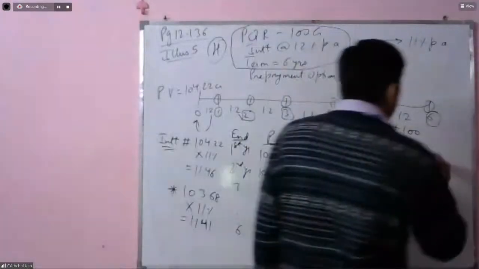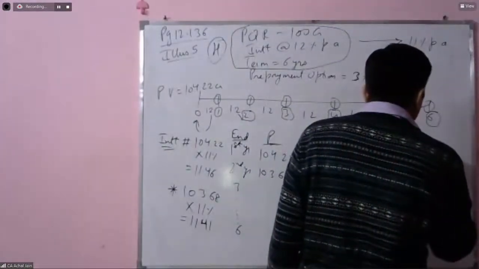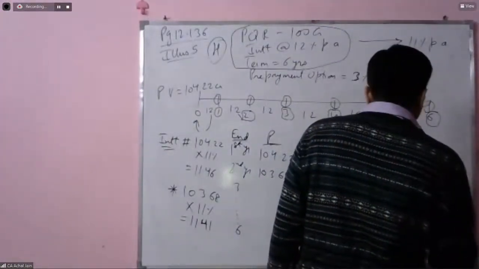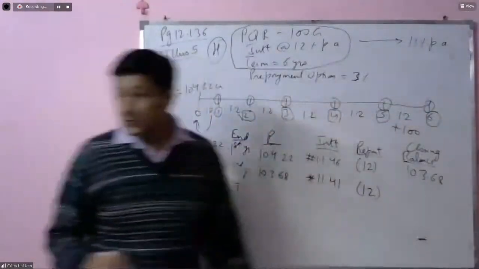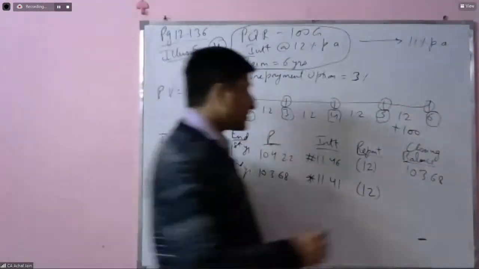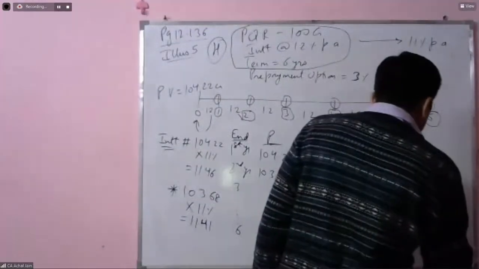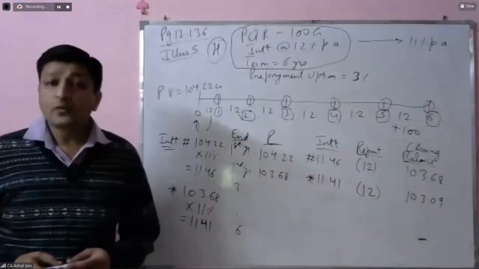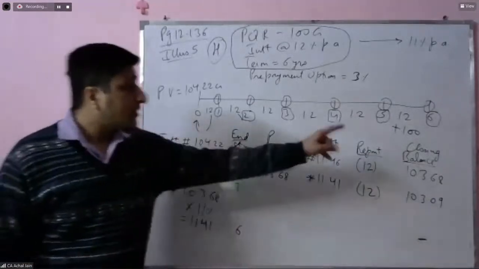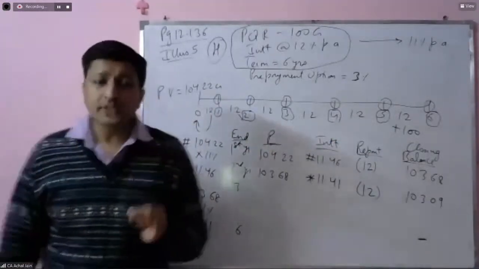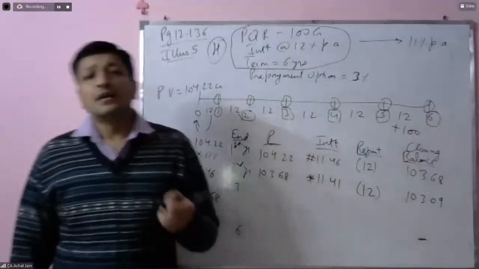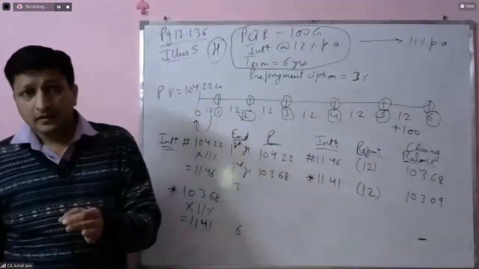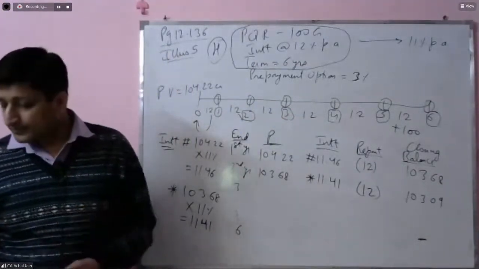This balance is the closing balance. In the second year, this was 103.09. Now we will compare all of the closing balances of the host instrument with the prepayment option.